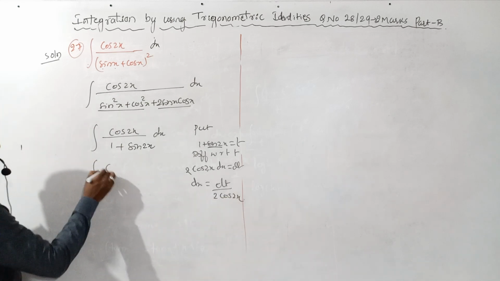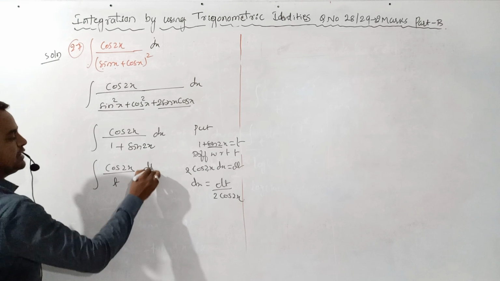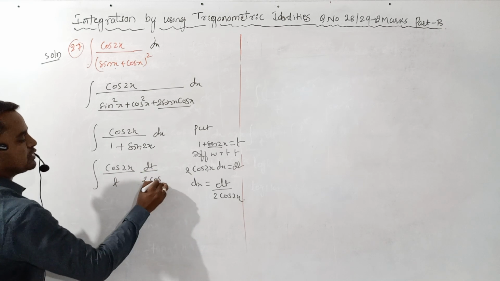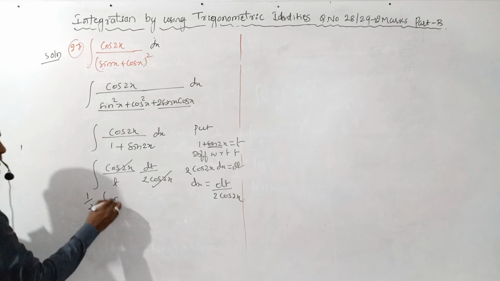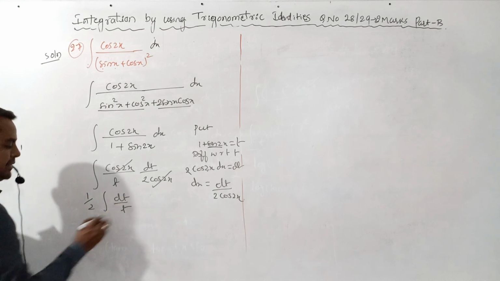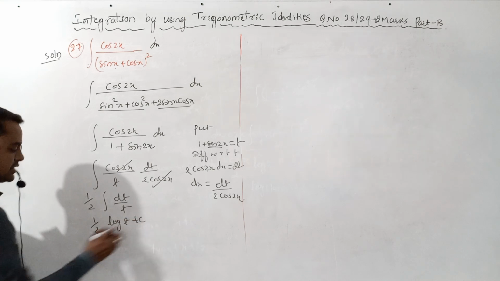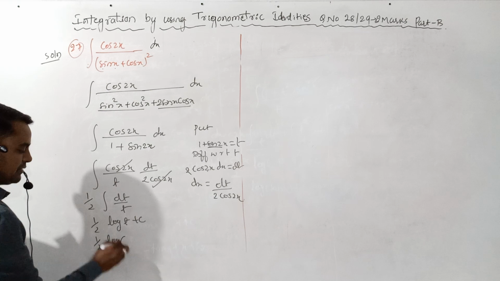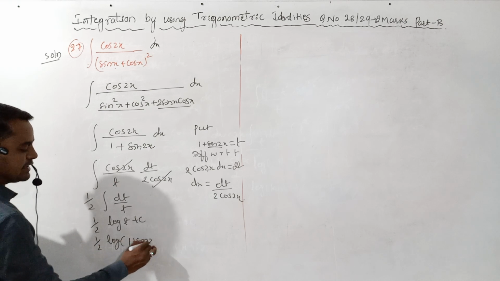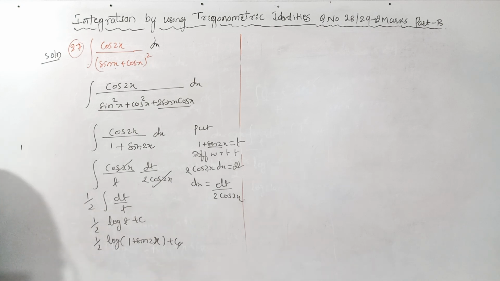Now come to here, cos 2x divided by t, dt by 2 cos 2x. Cancel. Now take 1 by 2 dt by t. dt by t is nothing but log t plus c. Then 1 by 2 log, what is the value of t? 1 plus sin 2x plus c. This is the final answer.